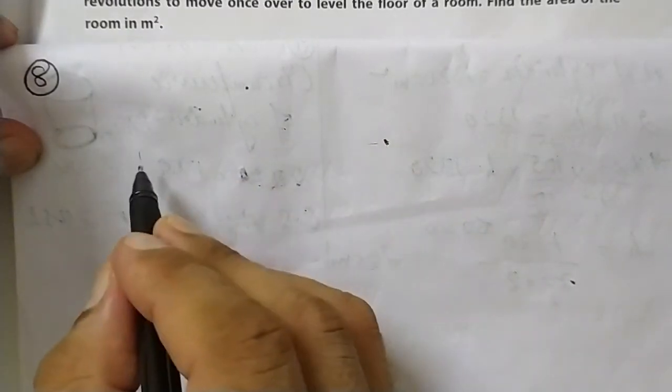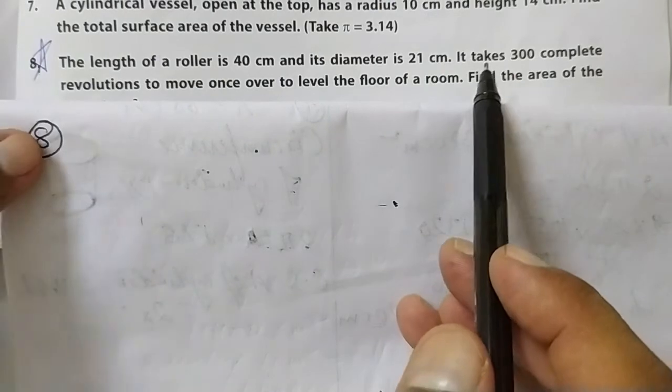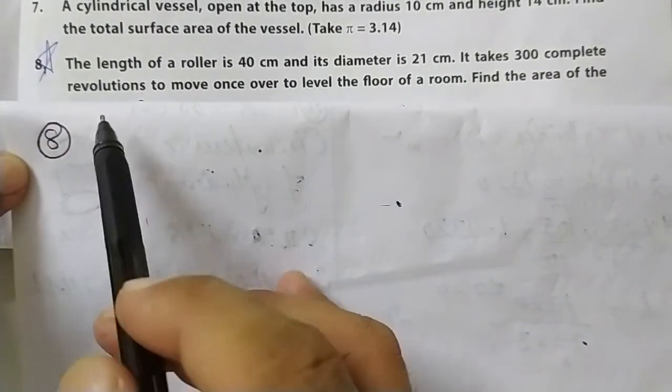2 pi r h. It means when the roller is rolling one time, it is covering an area equal to its CSA, that is 2 pi r h. In one field it is rolled 300 times. It is given that in one field it is rolled 300 times, so find the area of that field.